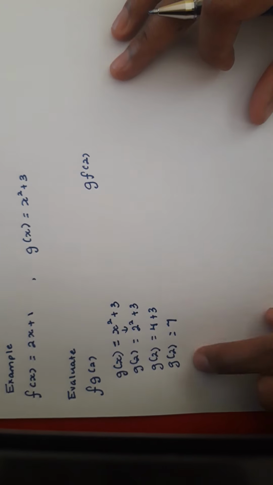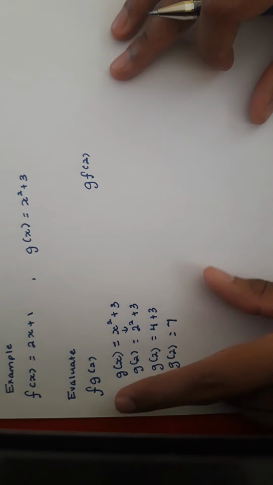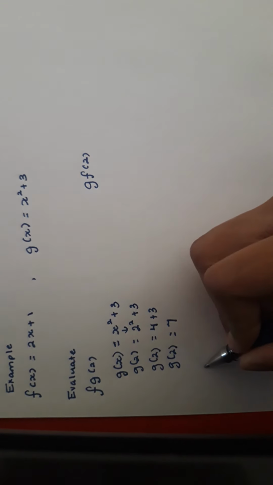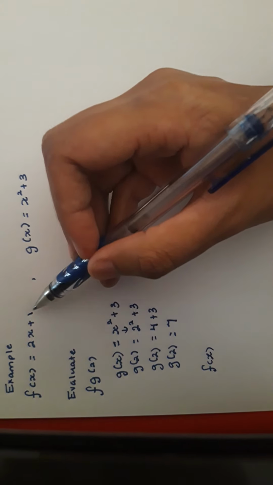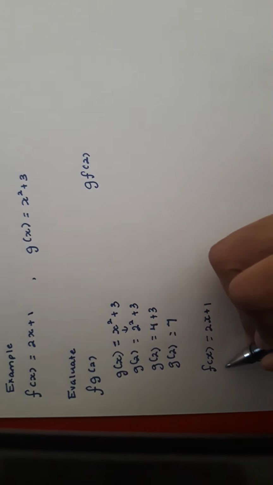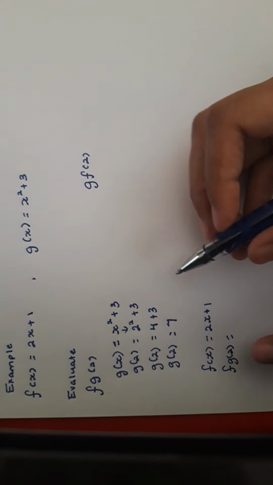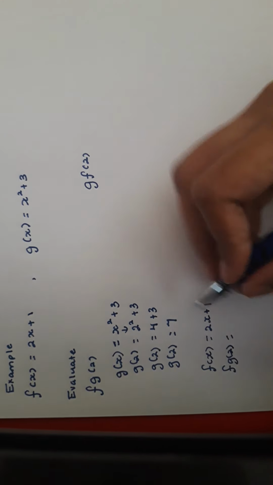We're now going to take this part of our result, g of 2 equals 7, and place it into the outer function, the f function. So f of x is equal to 2x plus 1. And fg of 2, we're going to obtain by putting 7, which is our g of 2, into the f function.